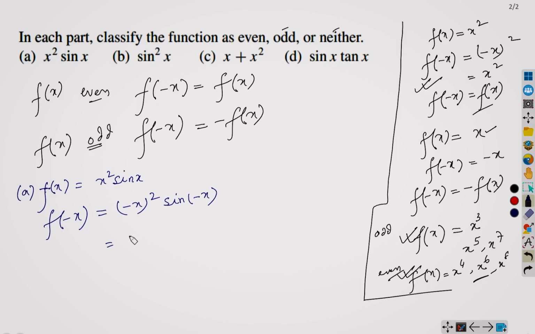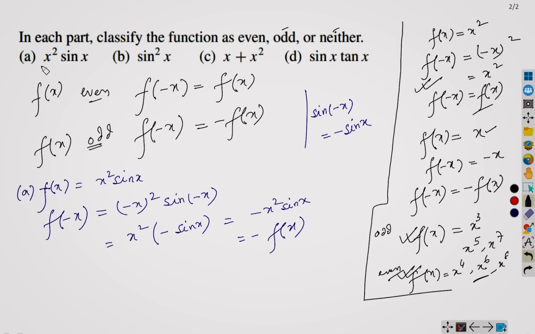Now minus of x whole square gives us x square, and we know sine of minus of x equals minus sine x, right? Yes, therefore from here we obtain minus of sine x, this gives us minus x square sine x, this equals minus of f of x. Therefore this is an odd function. So we write the answer: odd function, okay?